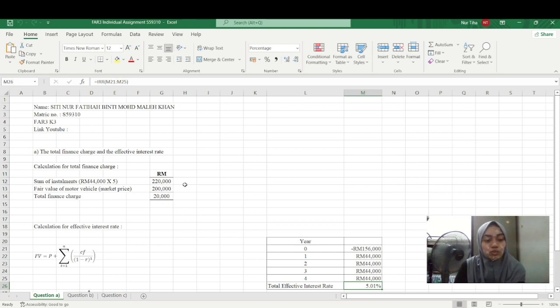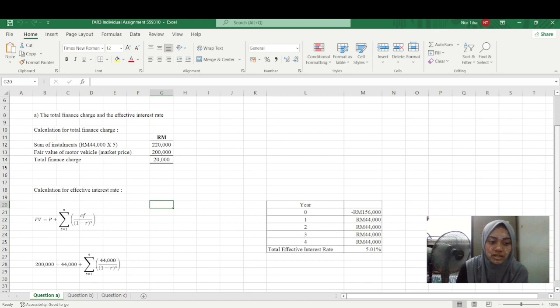Then we minus the fair value of the motor vehicle, which is the market price of 200,000, and the total finance charge is 20,000. For the effective interest rate, we use the IRR formula. After we calculate, we get the answer 5.01%.